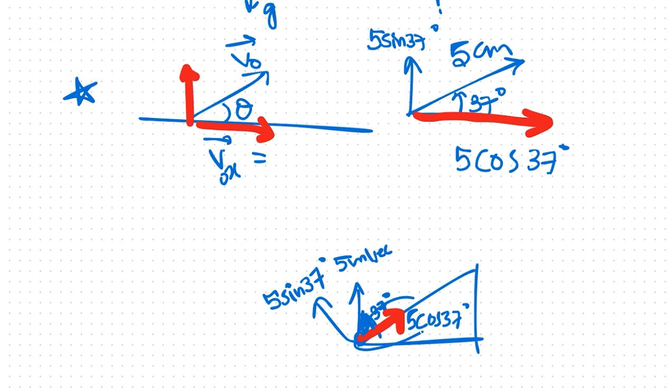So where you want to know the component, that angle you have to find first, and 5 cos of that angle will be the horizontal, and the vertical will be the sine component.